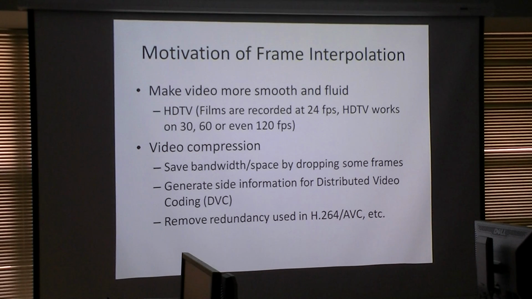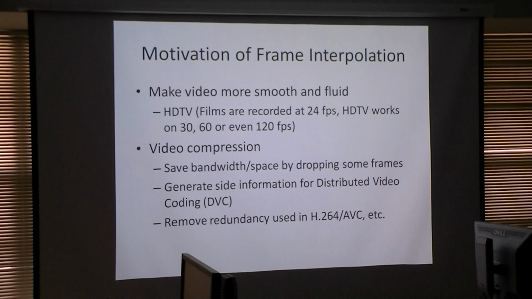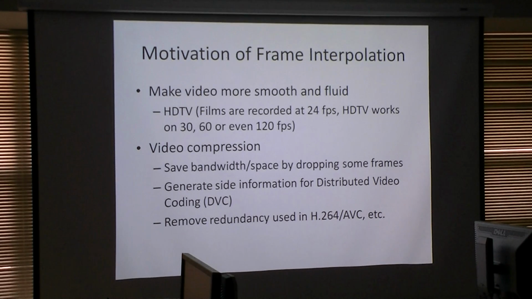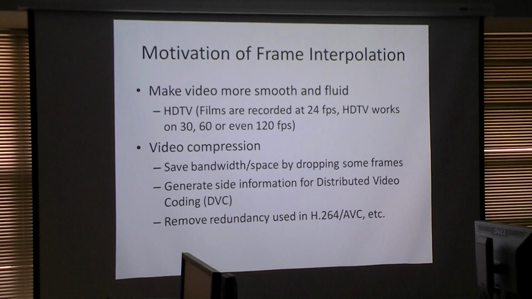The other purpose is video compression. It's very intuitive. By compressing the video, we can save a lot of bandwidth and space. One way to achieve this goal is to just drop some frames. For example, we can drop the even frames, only send the odd frames, then we can interpolate those even frames by using the received odd frames.